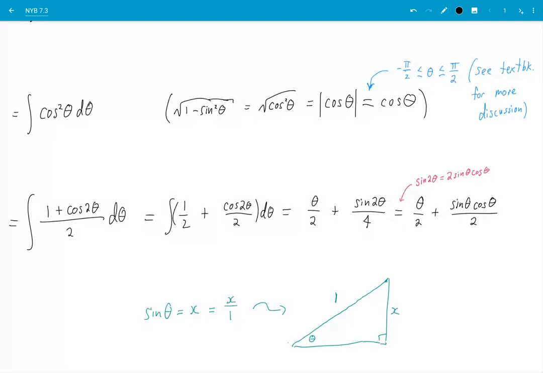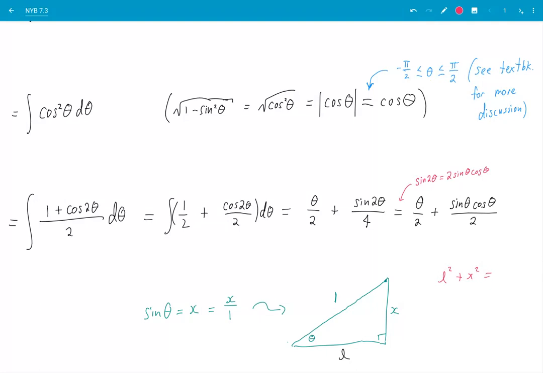And then to find this side length, we'll call it L, you can use Pythagoras, right? So L squared plus x squared is 1. So L is equal to the square root of 1 minus x squared.